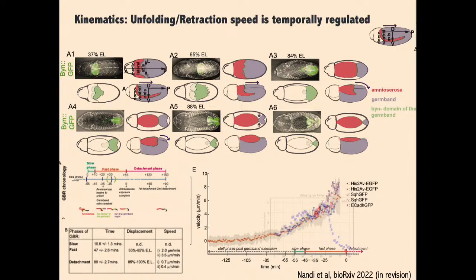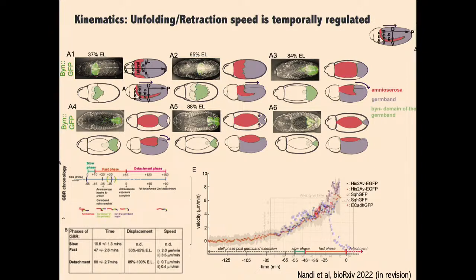And what we saw from movies like this is there's a fairly long phase during which there's very little or no movement, followed by a phase when the velocity continues to increase up to a point, and then a phase where the velocity drops down.